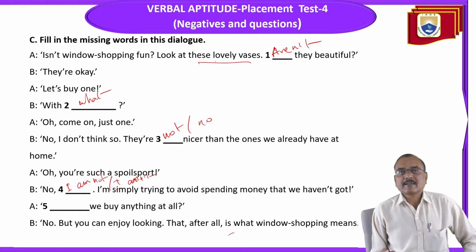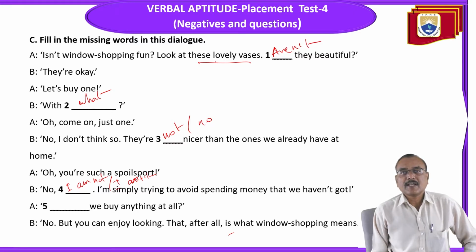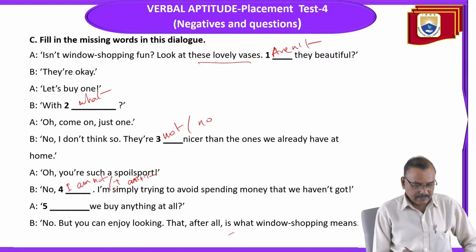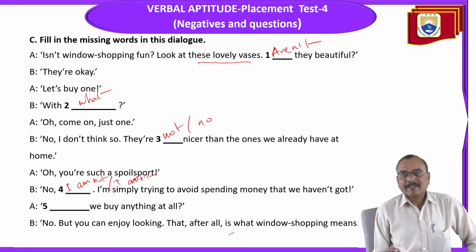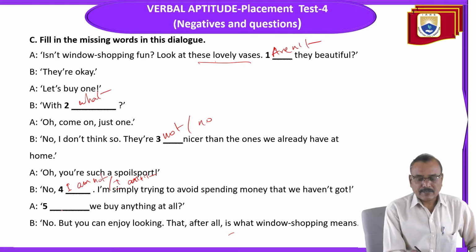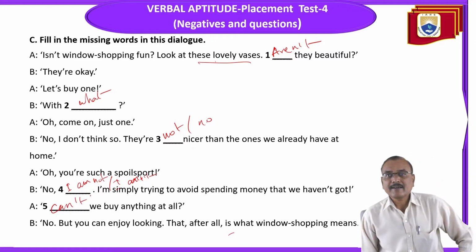Okay, go to the next sentence, the fifth one. Dash we buy anything at all? Anything means negative only. So, can't we buy anything at all?